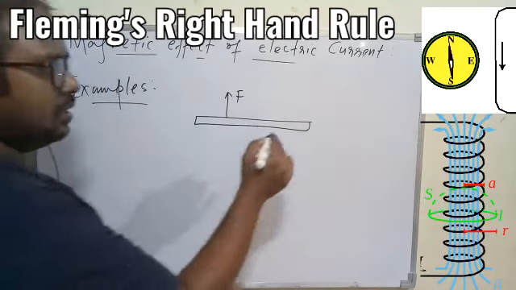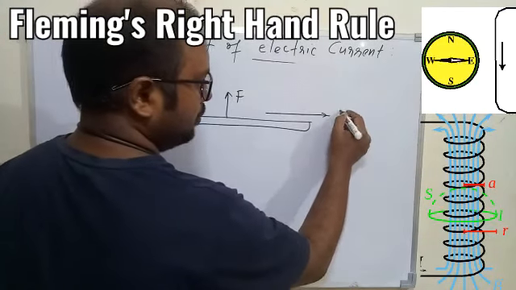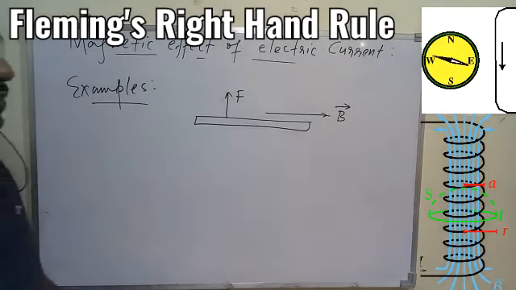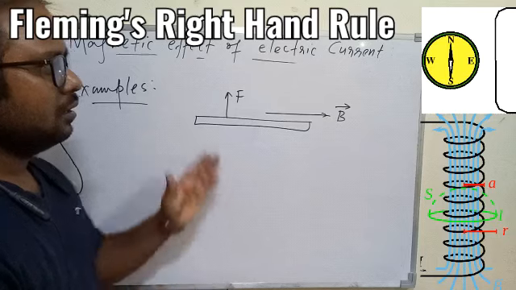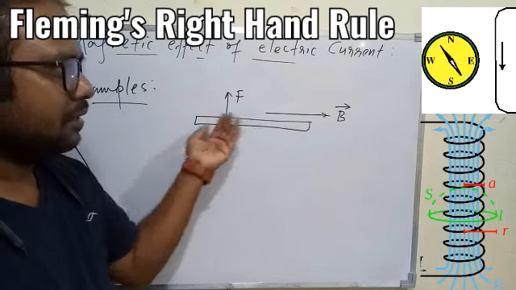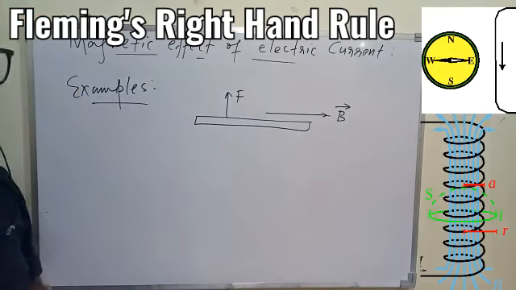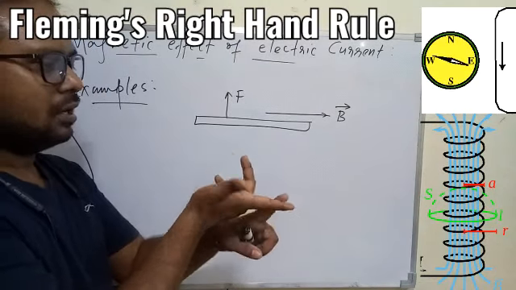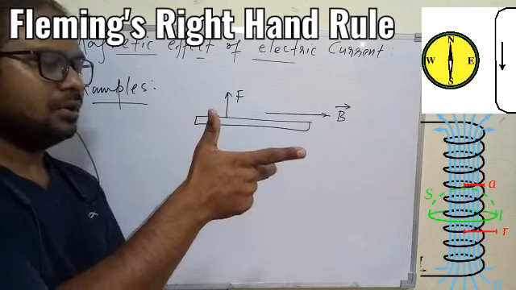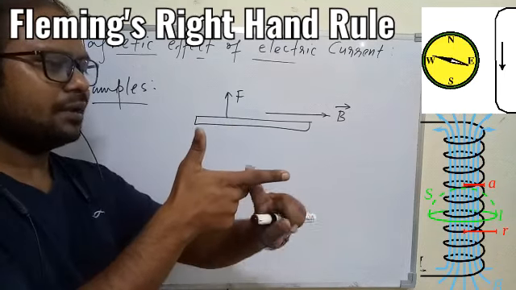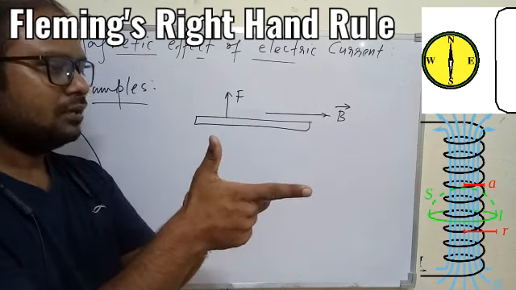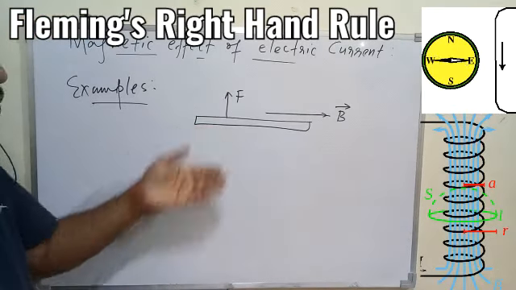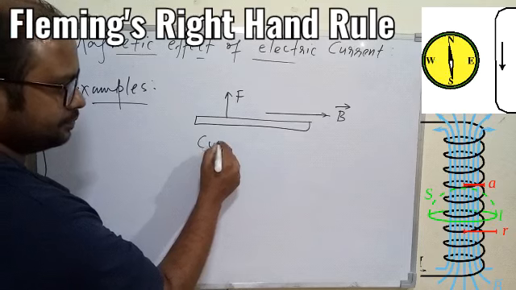Okay, let it be this way, and it is placed in a magnetic field which is B. Okay, so overall there is a straight conductor, magnetic field is this direction, force is upward, so induced current will be in which direction. So overall magnetic field is this and thumb is this. So I hope this is the case here where we have magnetic field in this direction, force is upward, then my center finger is pointing towards the board. So overall in this part the current will be inward.